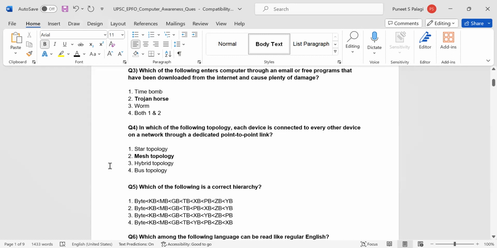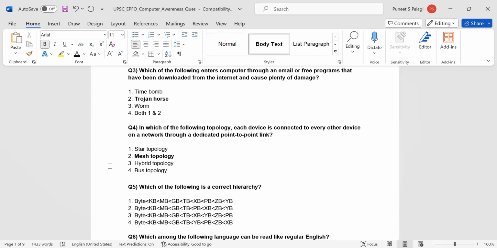The next question, which of the following is the correct hierarchy? So byte, then kilobyte, megabyte, gigabyte, terabyte, zettabyte, petabyte, ZB and YB. Okay, so you need to arrange these from lowest to highest.